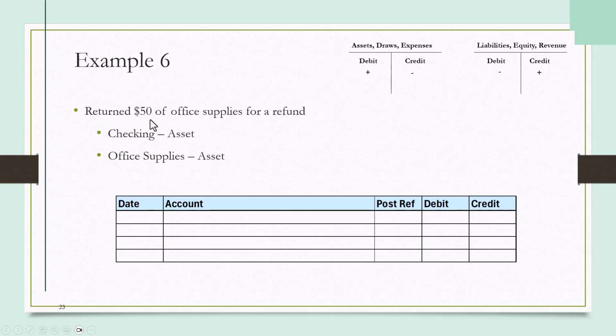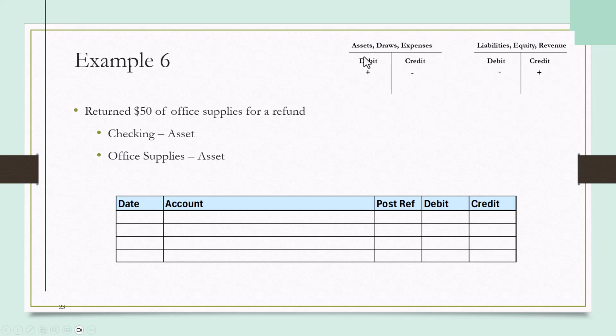Now they returned $50 of office supplies for a refund. So that's going to come back to the checking account. They're going to go to the store, they're going to get the $50 back, and it's probably going to go right back in the checking account. And you would be subtracting from the office supplies, because if they sent those supplies back, then that is $50 of supplies they no longer have.